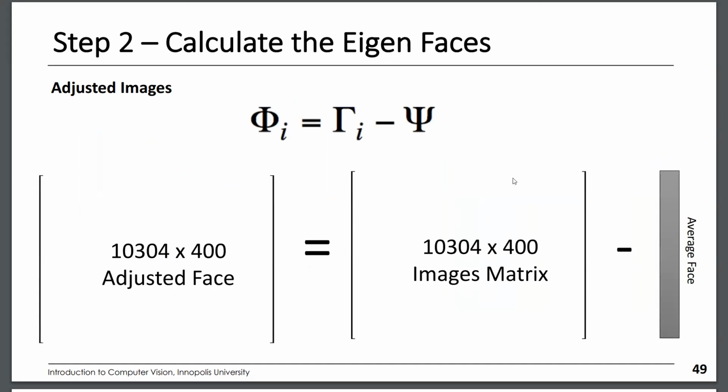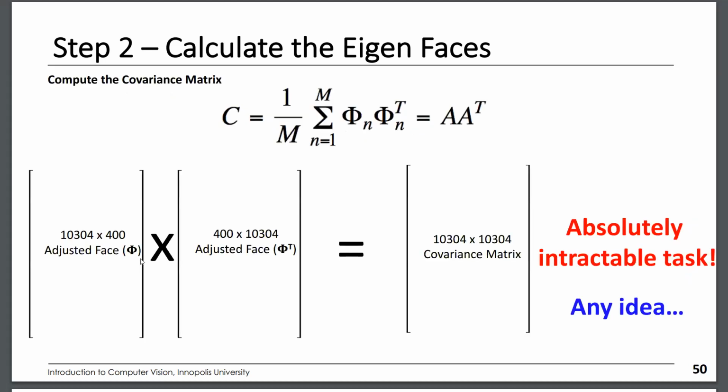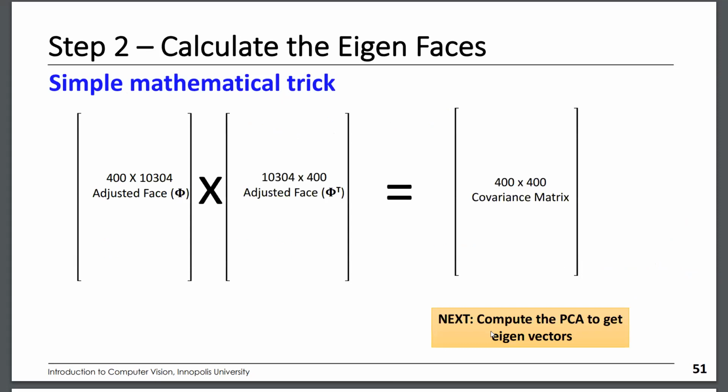And then what we do is calculate the eigenfaces. So remember, we take the faces and normalize our data set, so we get this adjusted faces data set. And from here, we calculate the covariance matrix. This is a very difficult or intractable task to do, so we calculate in the opposite direction.